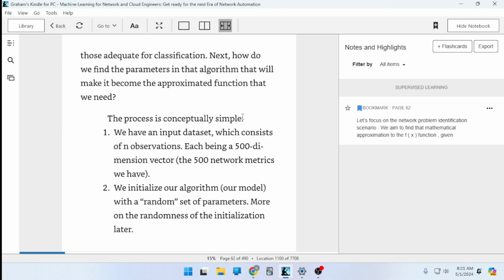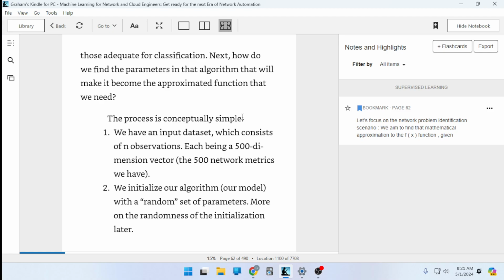Number one, we have an input dataset which consists of n observations, each being a 500 dimension vector, the 500 network metrics we have. Number two is to initialize the algorithm, our model, with a random set of parameters.